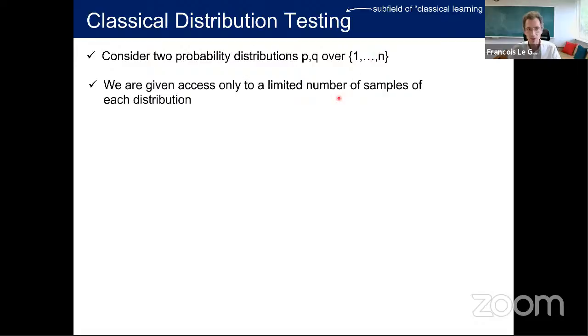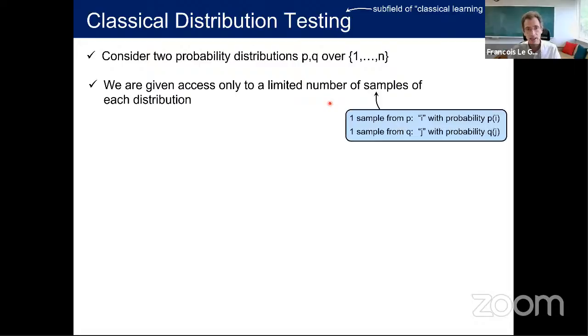We assume that we don't know the probability distributions P and Q, but we are given access to a limited number of samples. One sample, for example for P, will be i with some probability p_i. So when you ask for one sample, you get i with probability p_i for each possible value of i. And the same for Q.